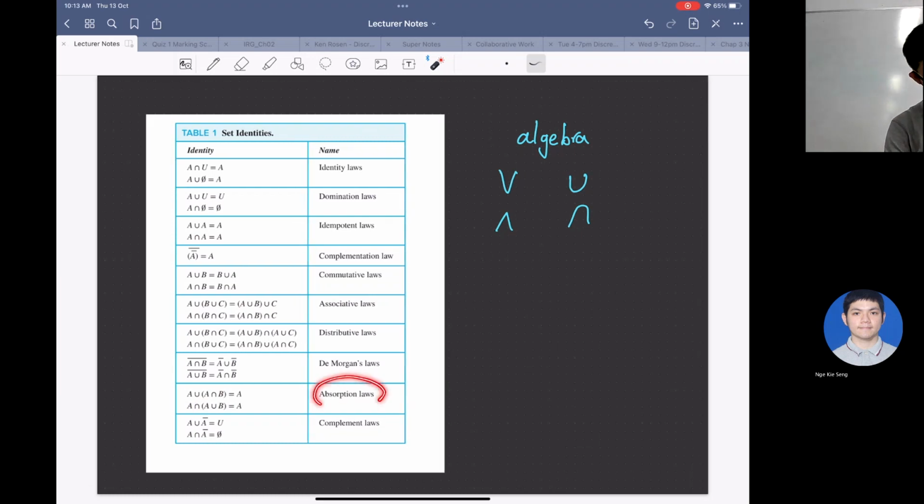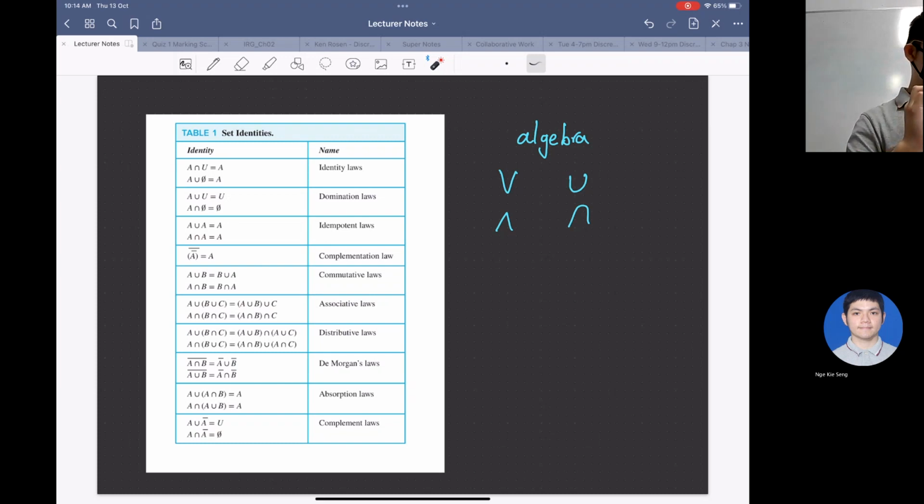And the complements law: remember P or not P is a tautology, P and not P is a contradiction. This one is for sets.